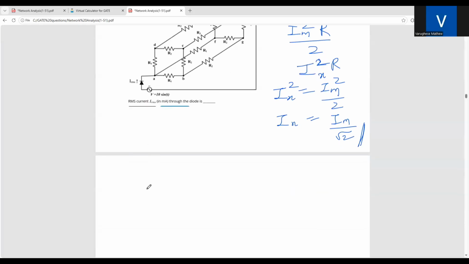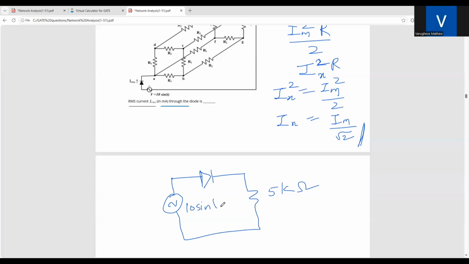So in this case, there is a voltage source, sine wave, and there's a diode. After the diode, you have a resistance, and we found out that that resistance is 5 kilo. And this is 10 sine t. In this case, what is omega here? Omega is 1.